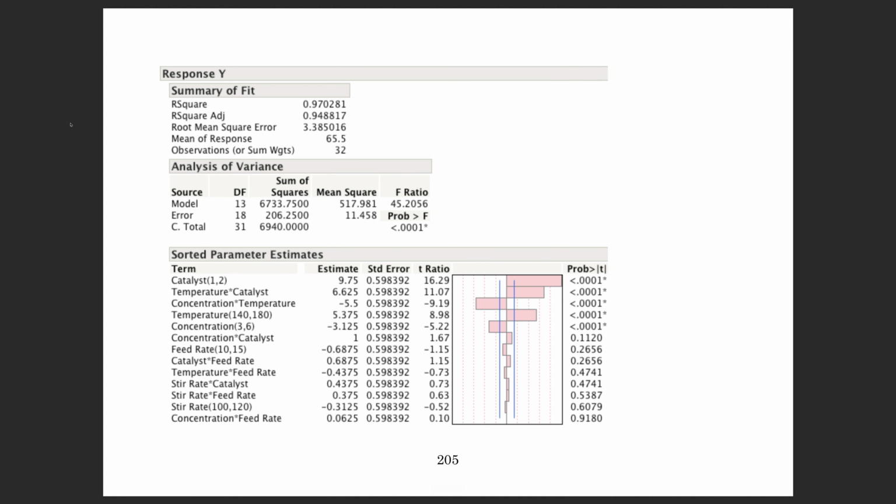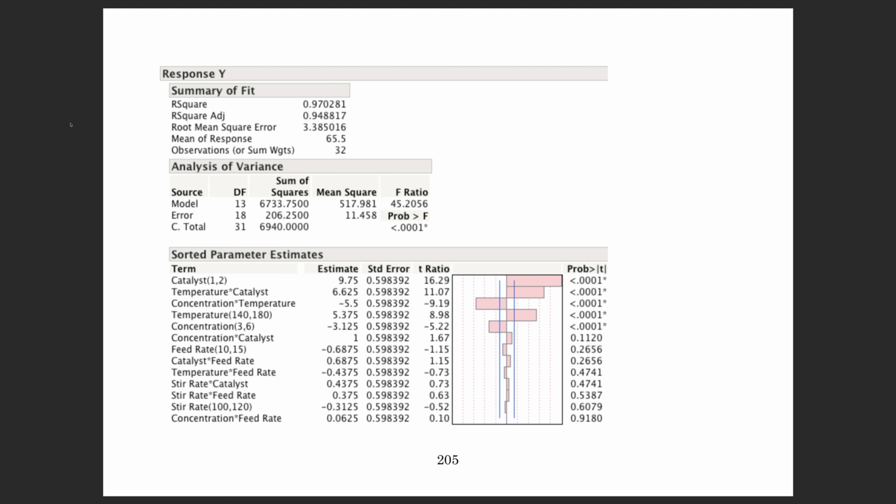So here we've got reasonably good fit. The adjusted R-squared is about 95%, meaning we're able to explain most of the variability using these main effects and two-way interactions. But this is quite a complex model in that you can see that of our 31 degrees of freedom, we're using 13 in the model.